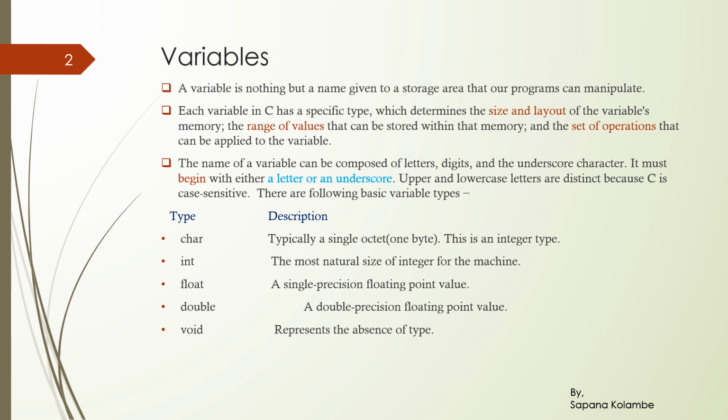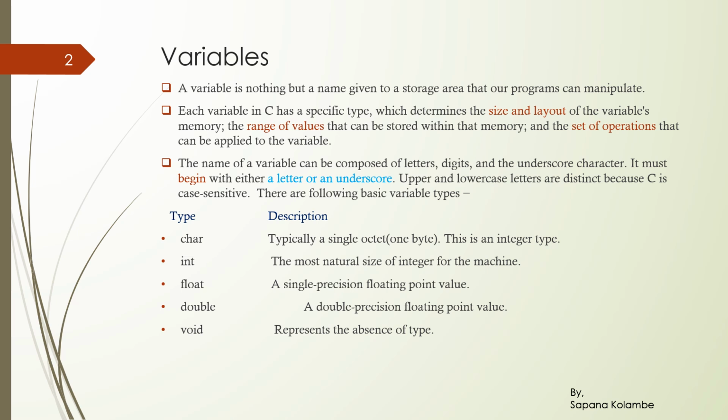There are different types of variables: character, integer, float, double and void. These are the different data types available for variables. In the character data type, you can store a single character. In the integer data type, you can store an integer number of natural size.